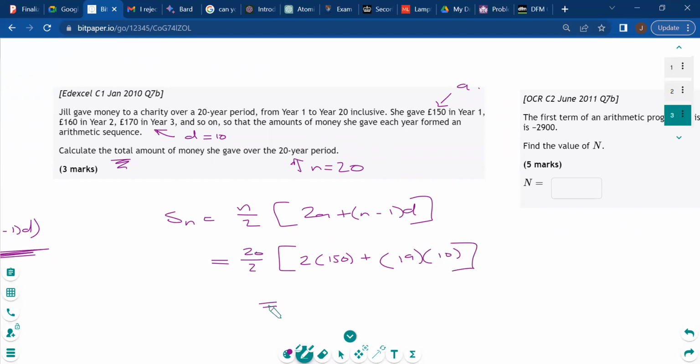And if you put that all in your calculator, which I'm going to do now, making sure I use brackets nice and carefully, I get 4,900. So if you think about how quickly that works, chances are, even if you added that on your calculator, as soon as I read it out, you wouldn't have done it that quickly. Okay, so we can add all 20 years and we should get £4,900.